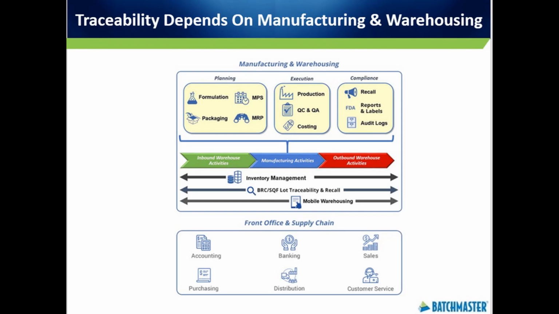When you're using a mobile device, you're capturing the worker's ID, so CFR11, and you are also capturing and validating the lot number on the spot, rather than using paper and bringing that over to a workstation and then scanning that in at that point. So there are obvious benefits in using mobile warehousing when it comes to lot traceability and recall.